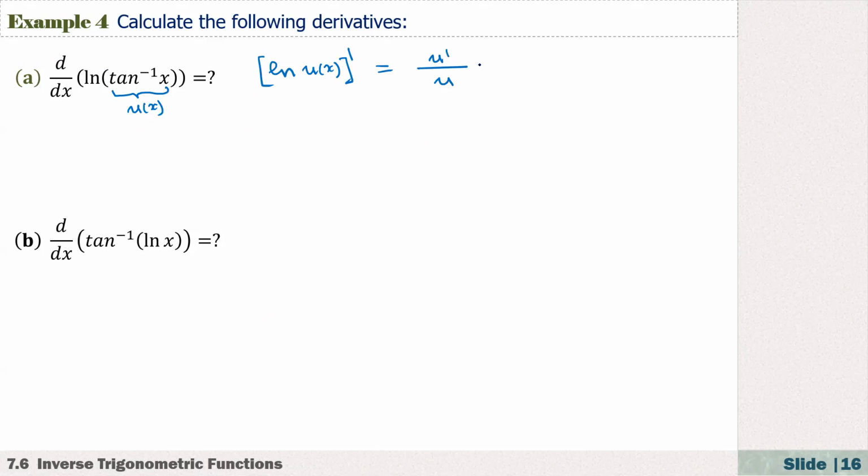U is inverse tangent of x, and its derivative is 1 over 1 plus x squared. Simplifying, that's equal to 1 over 1 plus x squared times inverse tangent of x.